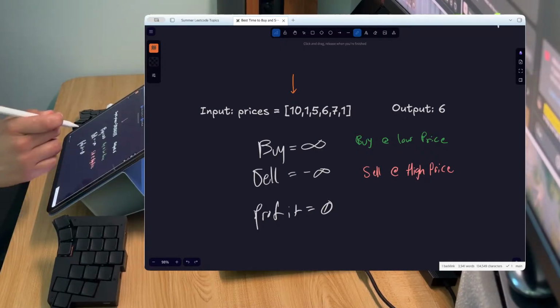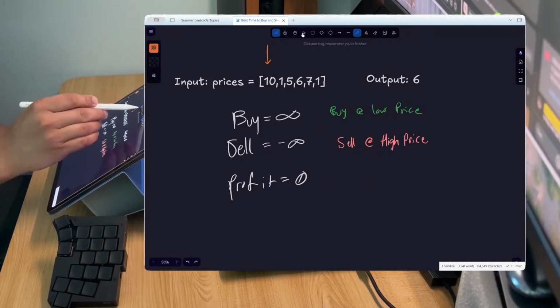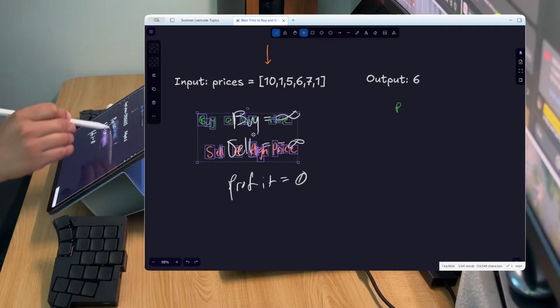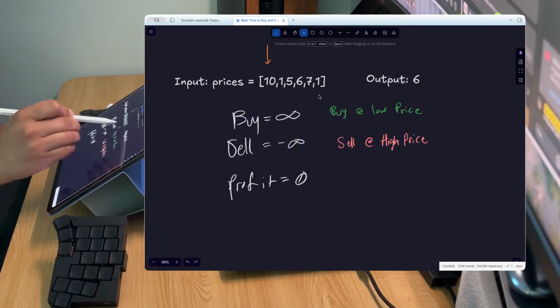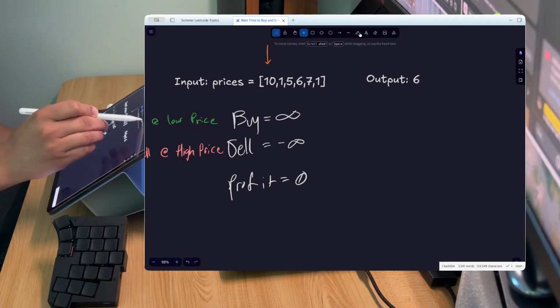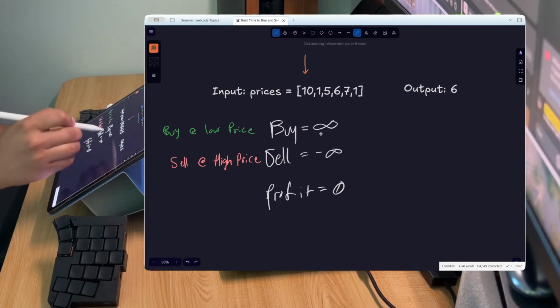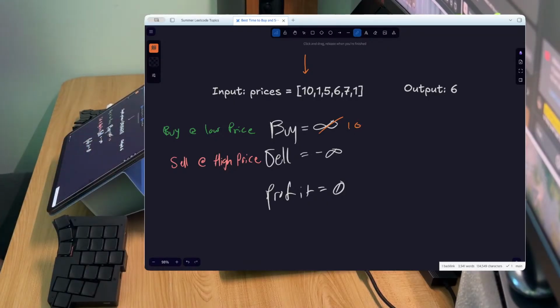So initially buy gets set to 10. And it could be a condition.